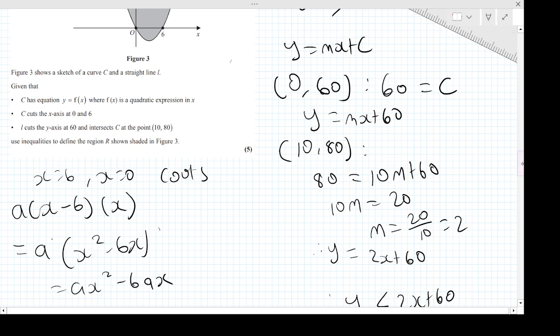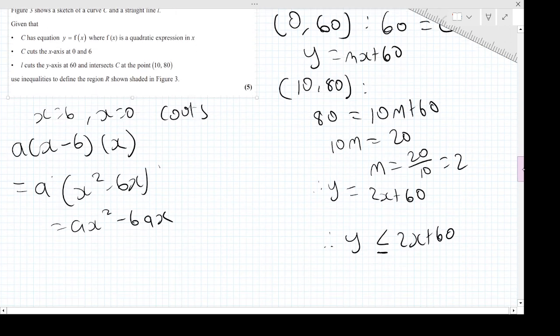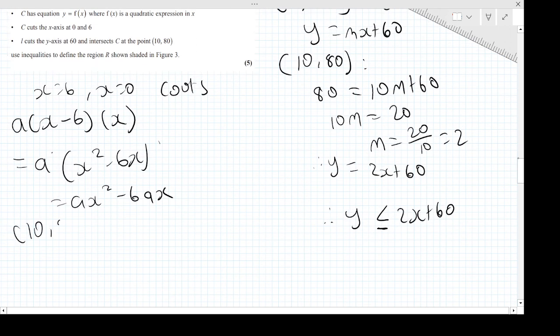Well, we know what another point is. It's 10, 80. That also is on the curve. We can substitute that point in to find the value of a, because y is equal to ax squared minus 6ax. Y is the quadratic.